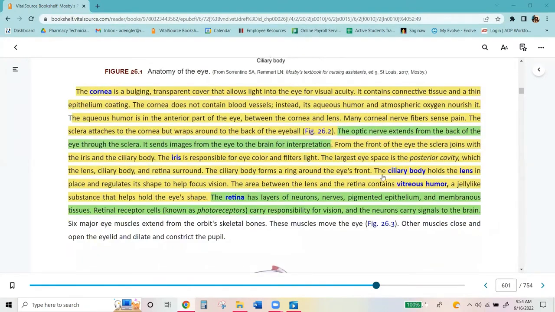The area between the lens and the retina contains vitreous humor, a jelly-like substance that helps hold the eye's shape. The retina has layers of neurons, nerves, pigmented epithelium, and membranous tissues. Retinal receptor cells, known as photoreceptors, carry responsibility for vision, and the neuron carries signals to the brain.